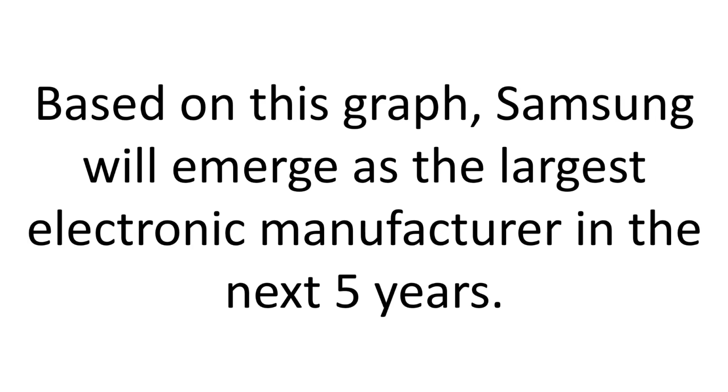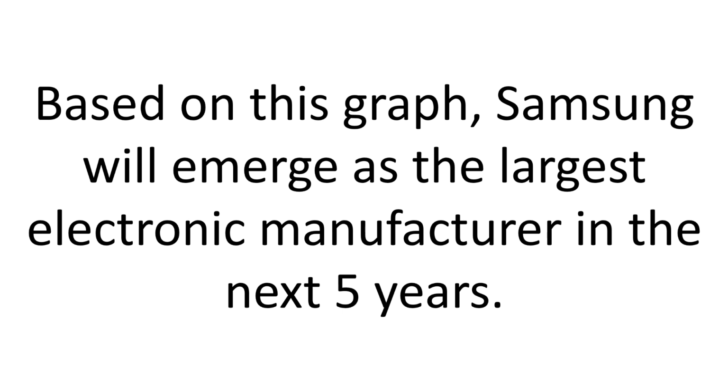For example, if there was a graph comparing electronics manufacturers such as Samsung and some other companies, and the graph shows that the market share of Samsung has been increasing, then a good conclusion, noticing the trend, is to say that it shows that Samsung will emerge as the largest electronic manufacturer in the next 5 years.